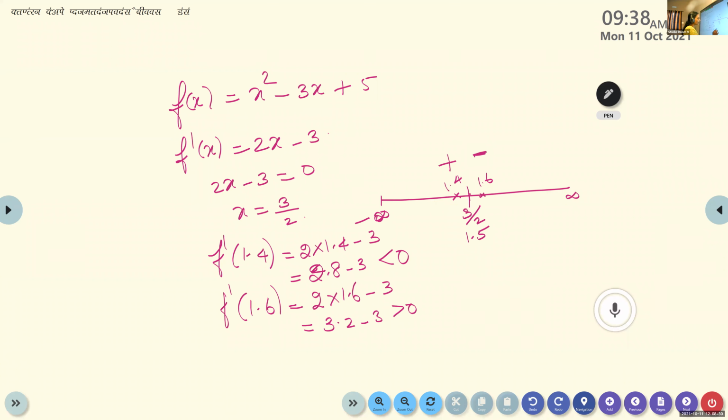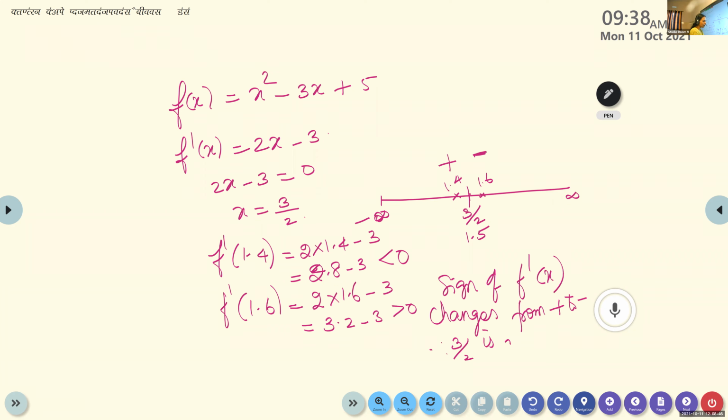The sign of f dash of x changes from positive to negative. So it is changing from positive to negative. Therefore, 3 by 2 is a point of maxima.